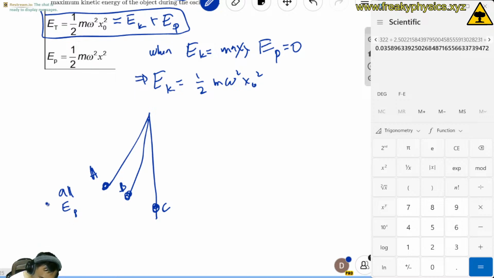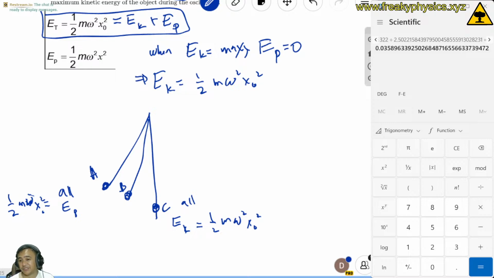So the potential energy here will be equal to 1 half m omega squared x0 squared. Here at C, it's also the same thing. All that energy is kinetic energy. So that's also gonna be equal to 1 half m omega squared x0 squared, because of conservation of energy, right?